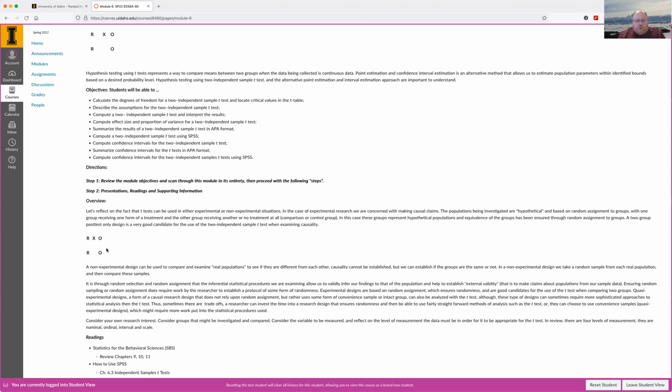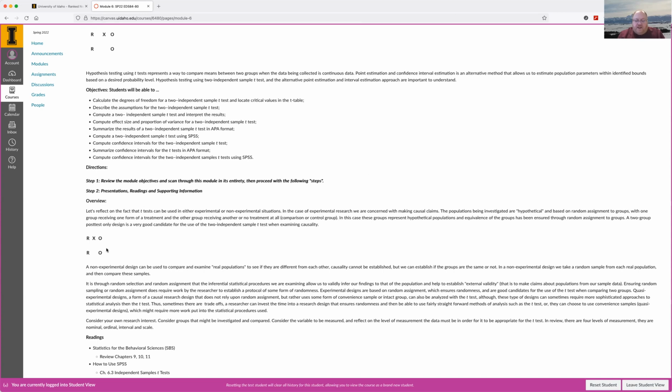Ensuring random sampling or random assignment does require work by the researcher to establish a protocol of some form of randomness. Experimental designs are based on random assignment, which ensures randomness, and are good candidates for the use of the t-test when comparing two groups.